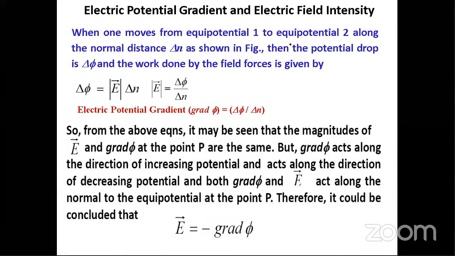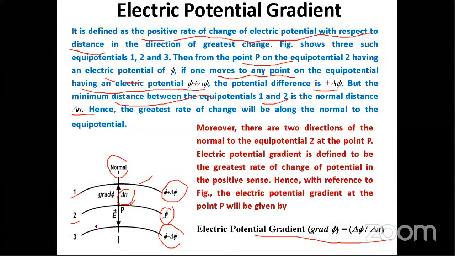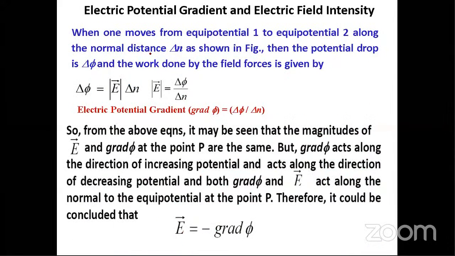When one moves from equipotential 1 to equipotential 2 along the normal distance del n, the potential drop is del phi and the work done by the field forces is given by del phi equals E into del n. So magnitude-wise, E is del phi by del n.